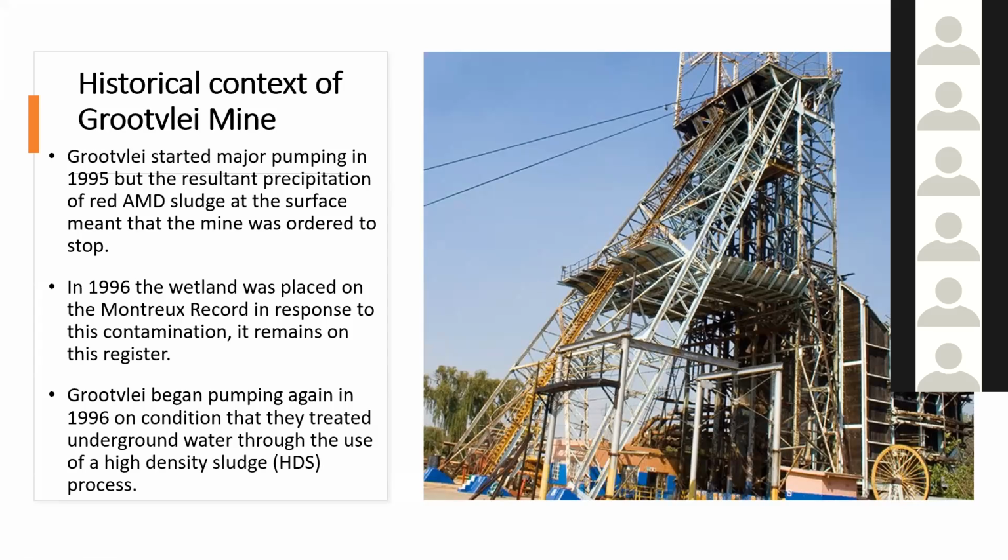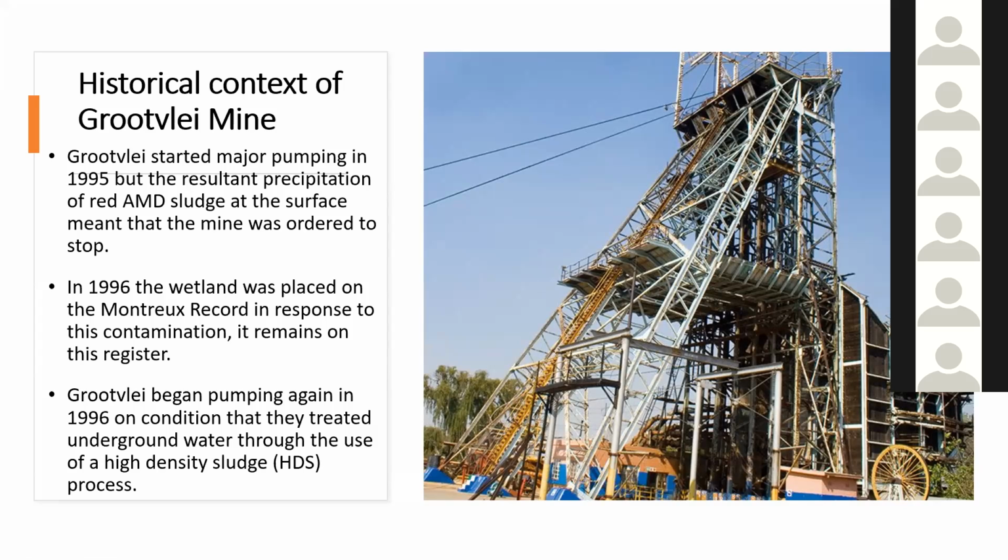Grootvlei started major pumping in 1995, but the resultant precipitation of red AMD sludge at the surface meant that it was ordered to stop by national government. And in 1996, the wetland was actually placed on the Montreux record in response to the contamination of this red AMD sludge that was precipitated out onto the surface.